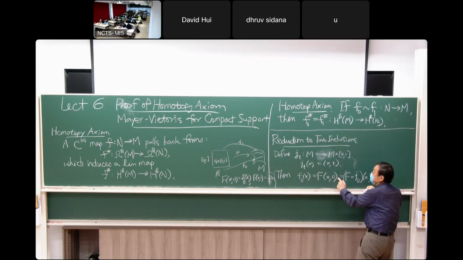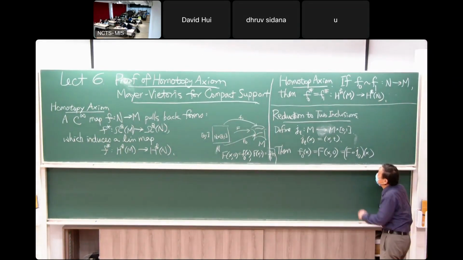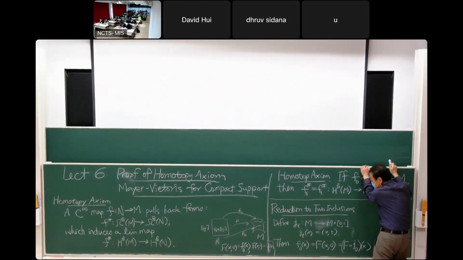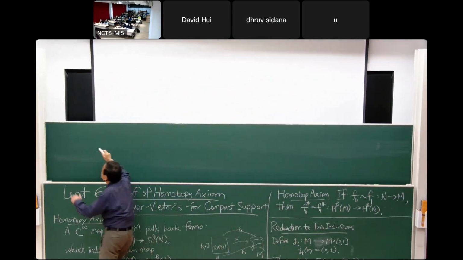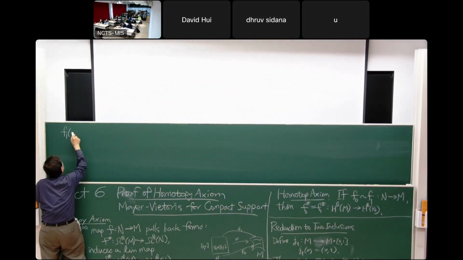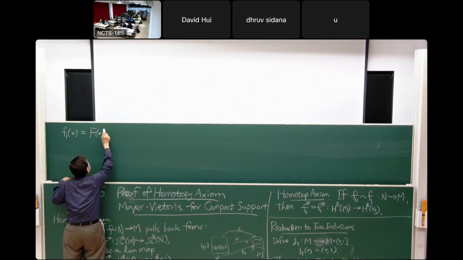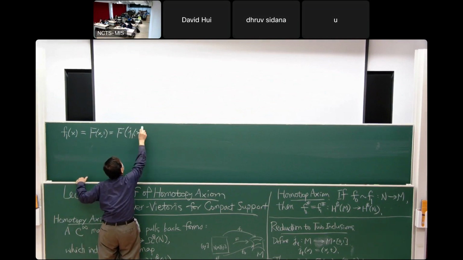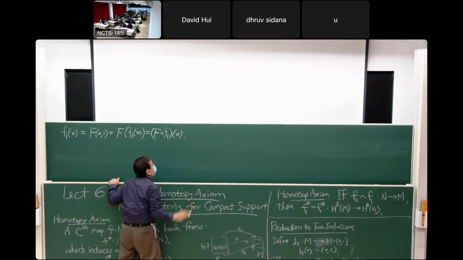J0 of x is (x, 0). And then F1 is also a composition. So F1 of x is F of (x, 1). That's F of J1 of x. So F composed with J1 of x.